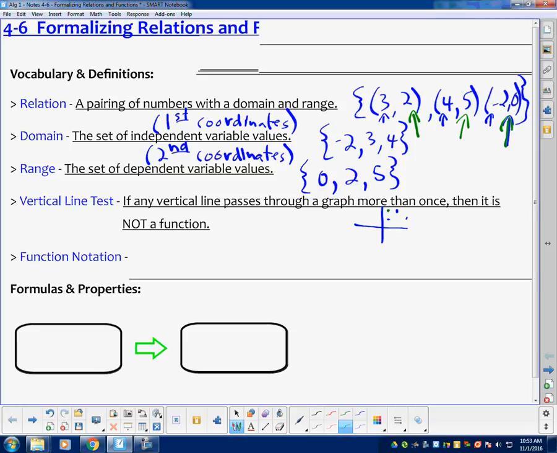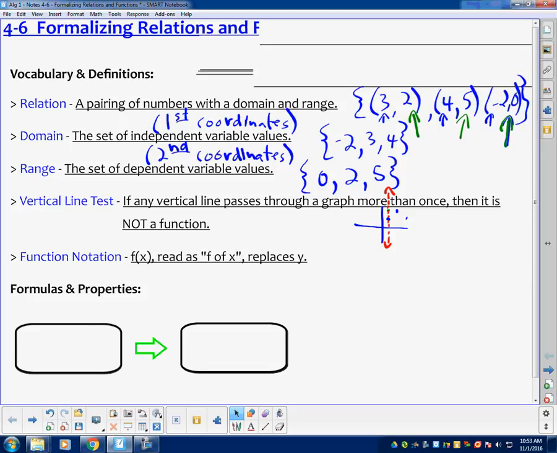But if I add that green point in there, now there is a vertical line going through the blue and the green point. It makes that not a function. So if you ever have one point stacked on top of another, it is not a function. You can quickly and easily see that by drawing the graph, and I'll show you one other way to do that as well.